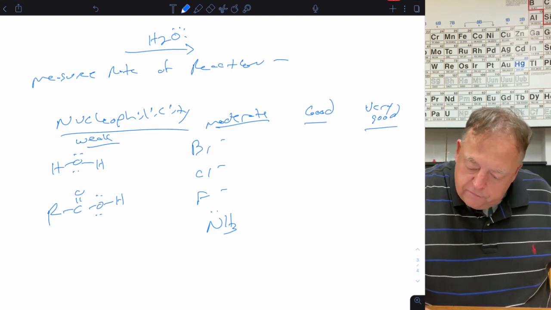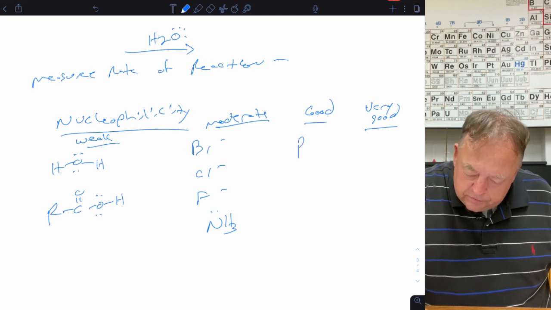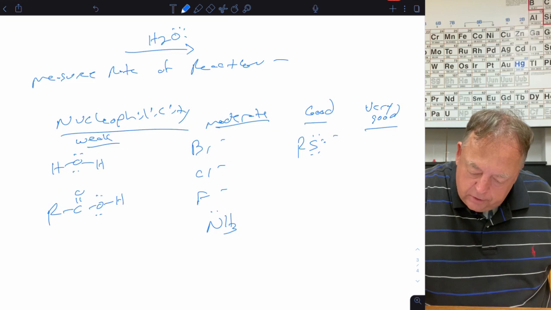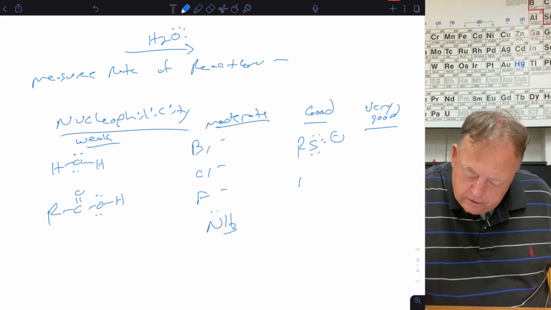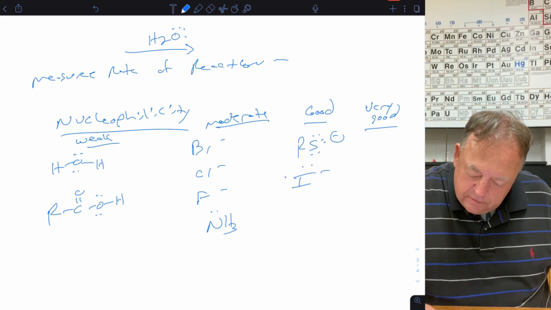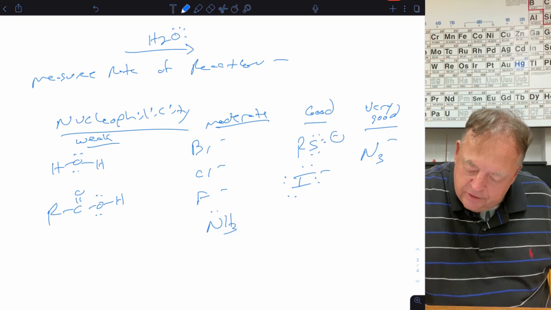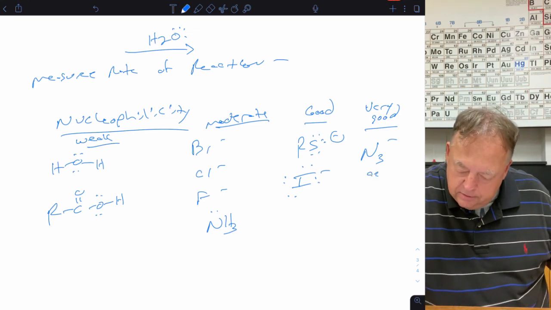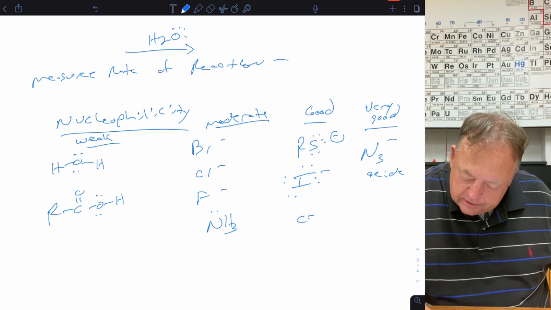Okay, so good nucleophiles: something like the conjugate base of a thiol. Iodide is a really good nucleophile, very good nucleophile, something like N3-, which is called azide. Cyanide is a good nucleophile.